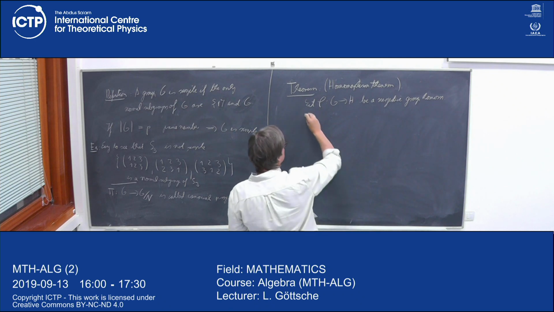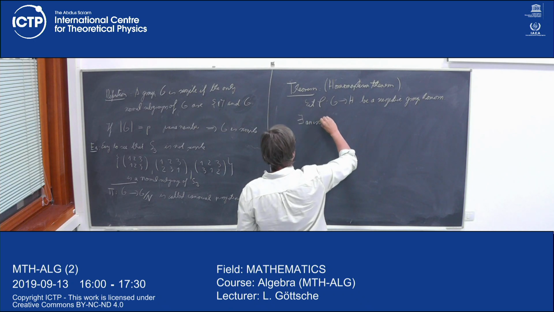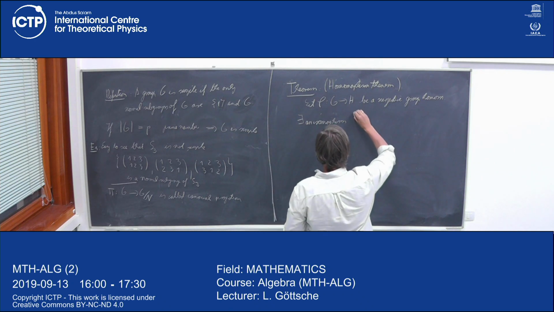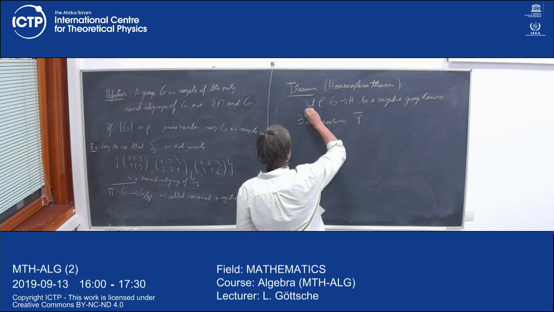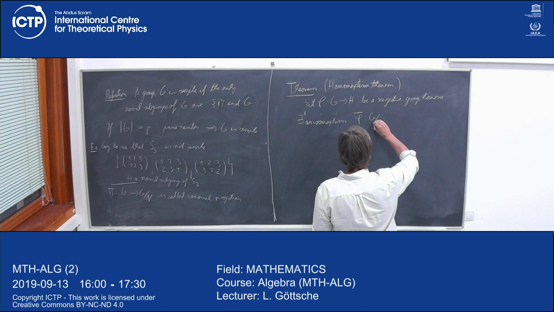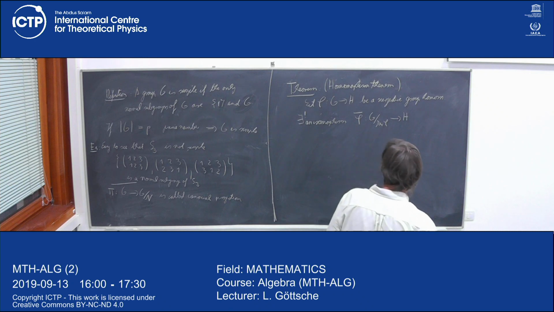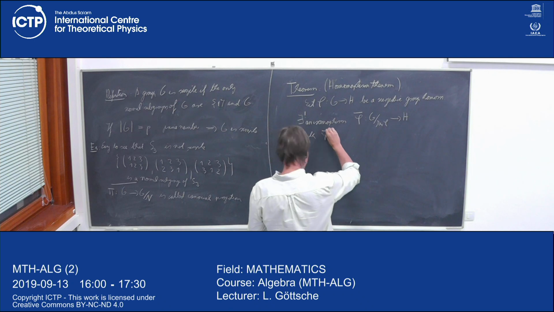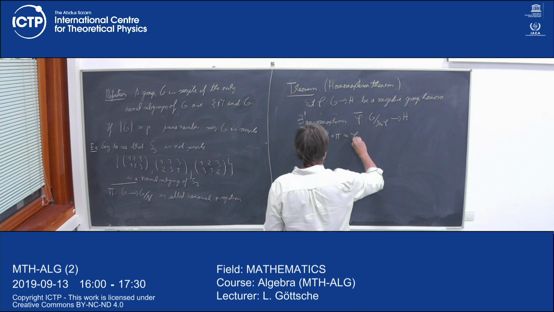Then there exists a unique isomorphism, which I call phi bar, from G mod the kernel of phi to H, such that if I take phi bar composed with pi, this is phi.